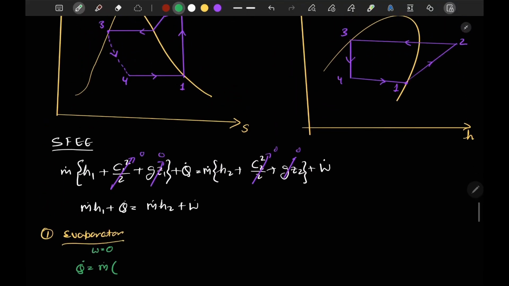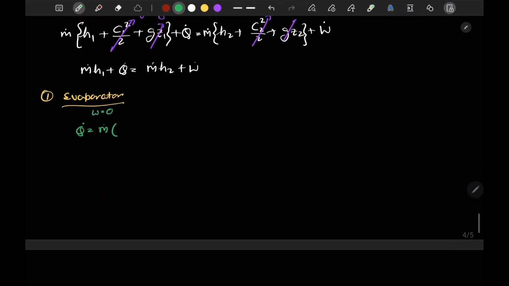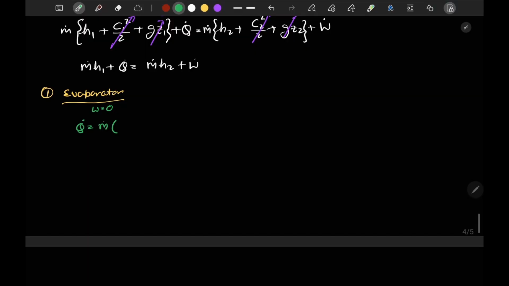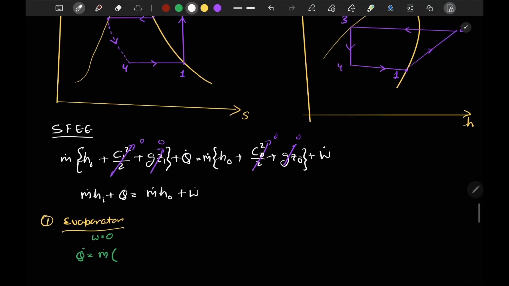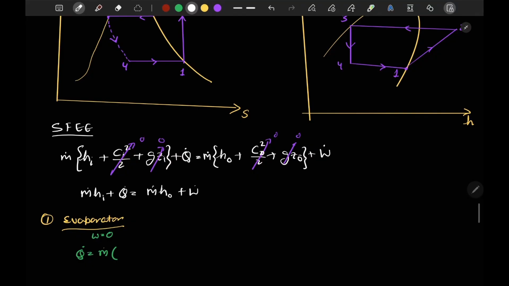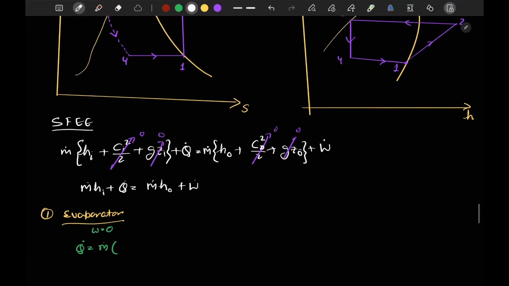Here the process is from 4 to 1, so we will write h4 minus, or let's write it in terms of inlet and outlet: h inlet, h outlet. For the evaporator the process is from 4 to 1, where 4 is the inlet and 1 is the outlet.